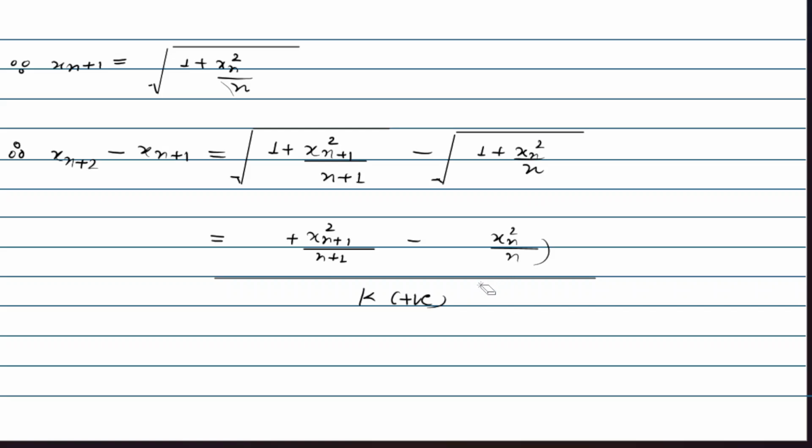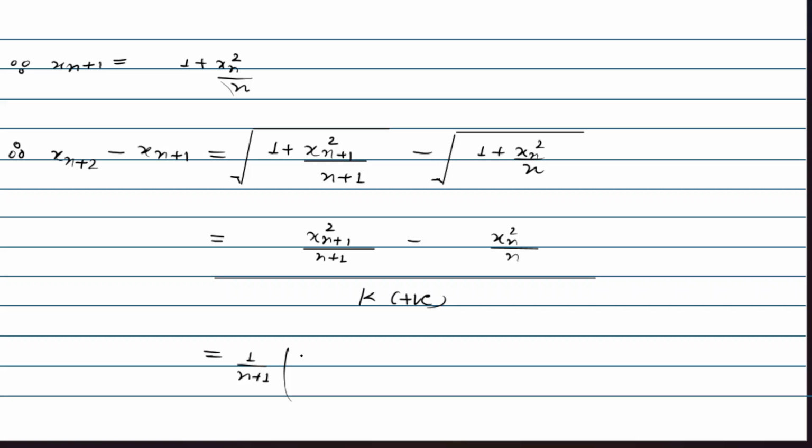So now if I put the value of xn plus 1 here, then I get this is equal to 1 upon n plus 1, and I'm putting the value of xn plus 1 square. If I square this, the square root will be removed from here.